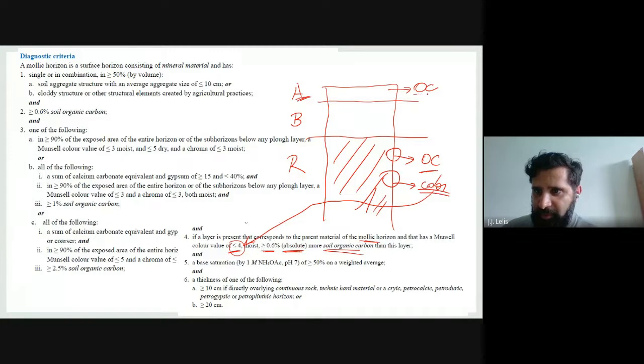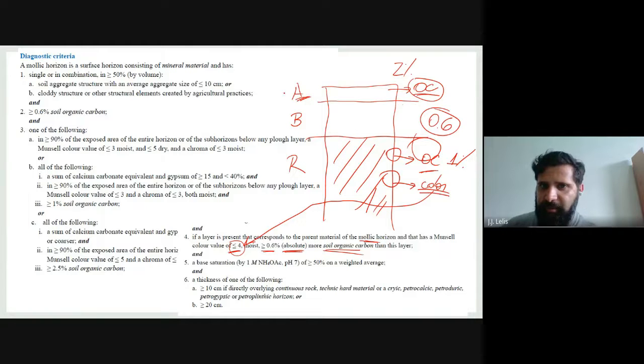The difference between the organic carbon here and here should be at least 0.6. Like if I present here something like 2% of organic carbon, and here something like 1% of organic carbon, the difference is 1%, so it's higher than 0.6. So, okay, this is a mollic horizon.